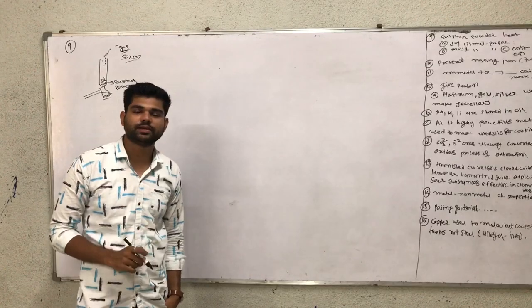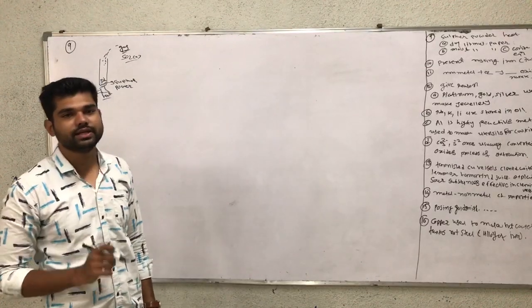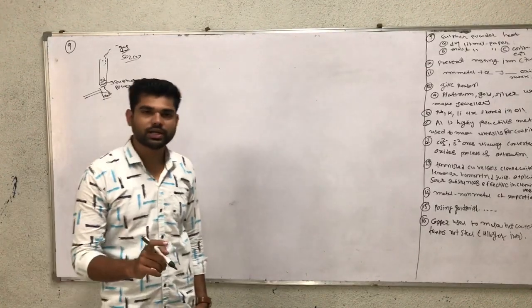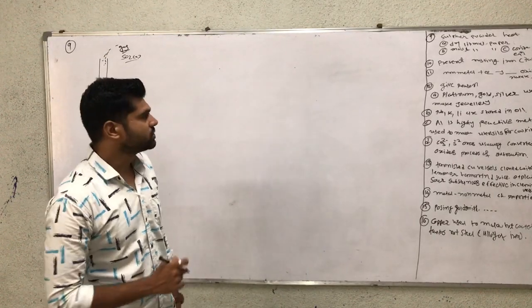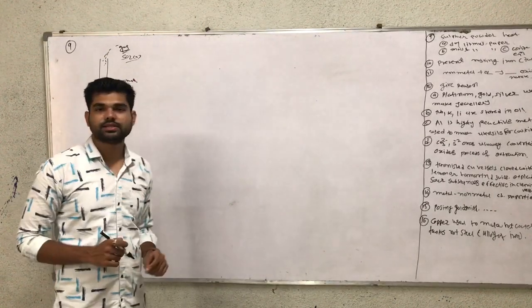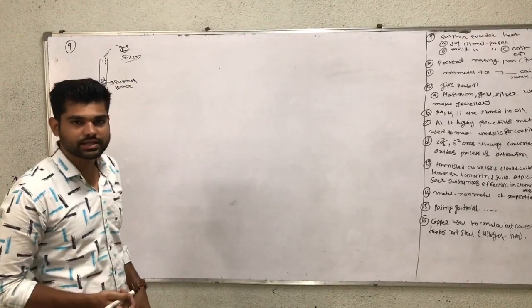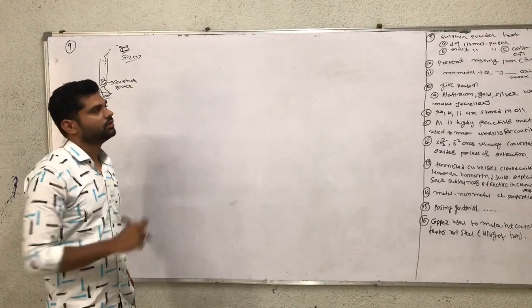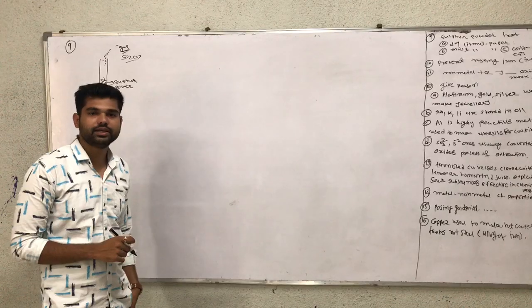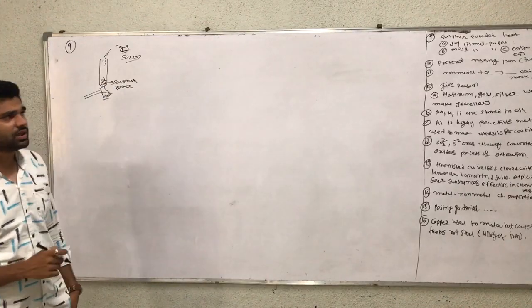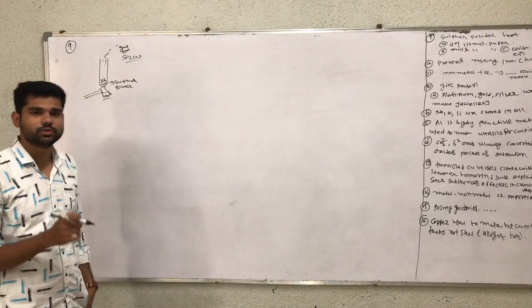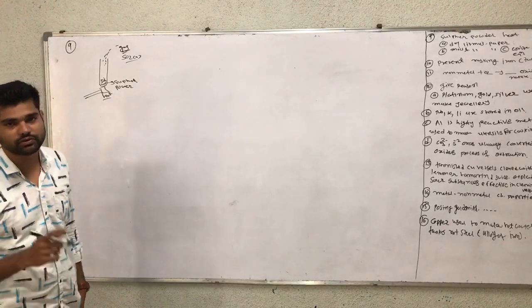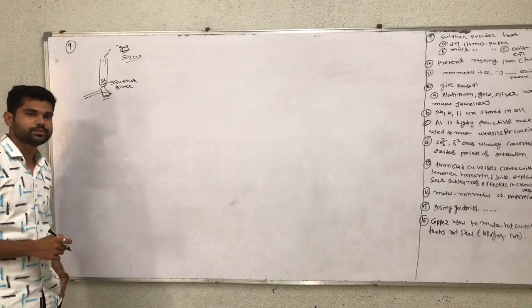The nature of sulfur dioxide is acidic, because non-metal oxides are acidic oxides. So SO2 gas is acidic, and its action on moist litmus paper is that the acid turns blue litmus paper to red. So moist blue litmus paper is converted into red litmus paper.